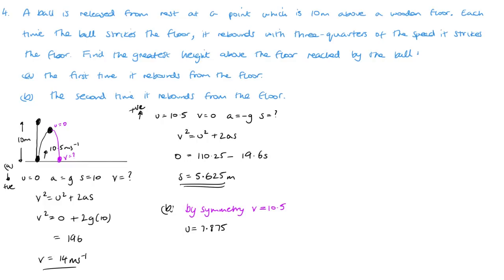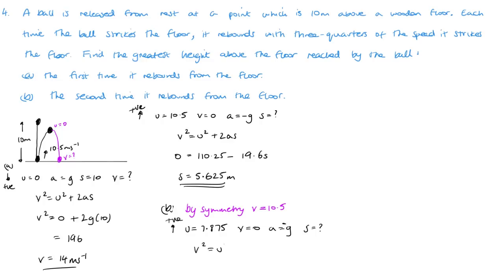And what I would do is take my V and times it by 3/4, just to show the examiner me doing that. So we want the height it goes to is maximum, so that's when V is 0, A is going to be minus G, because I'm going to take upwards as positive, and S is what I want to find.